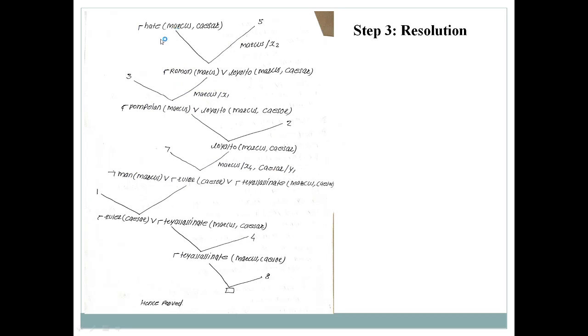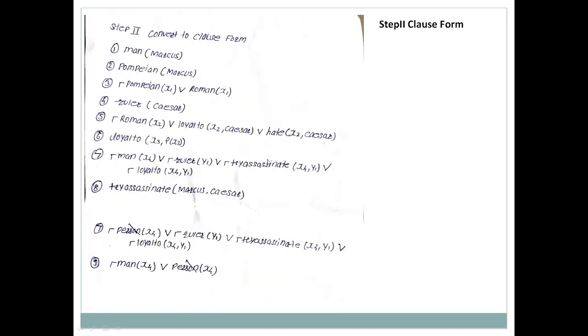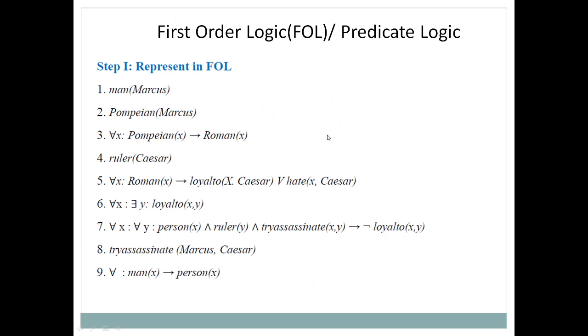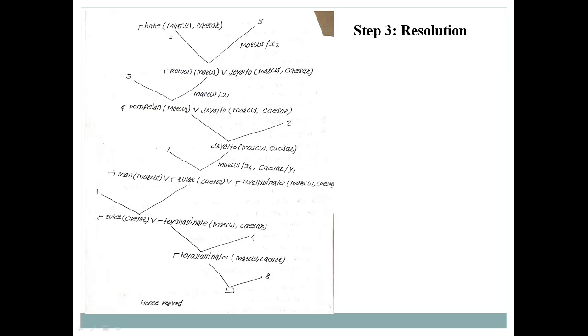So very first thing, you look for the negation of hate(Marcus, Caesar). We want a positive statement in the clause form. Do we get any positive statement? Let's check. In the clause form, positive hate is there, yes, but here x2 is there, while in our case Marcus is there.